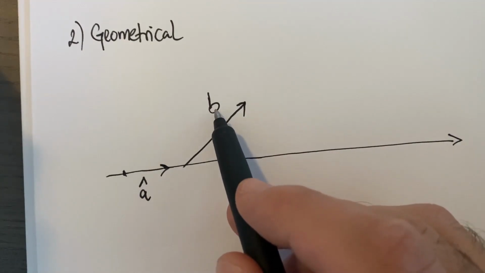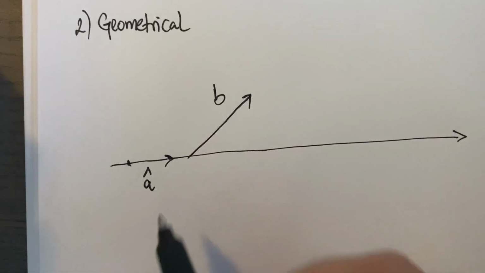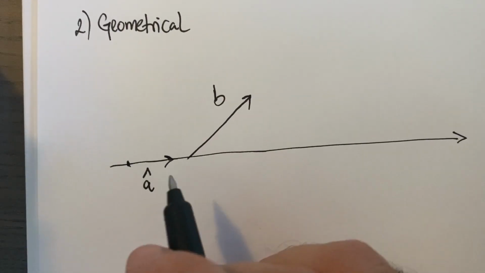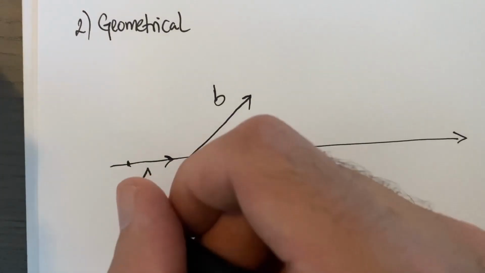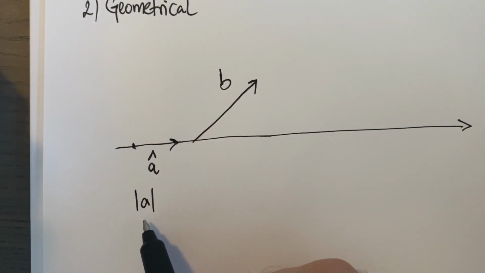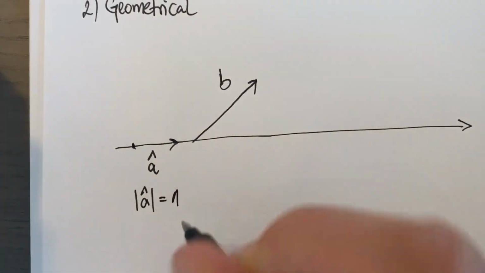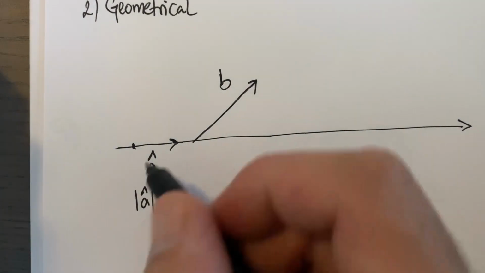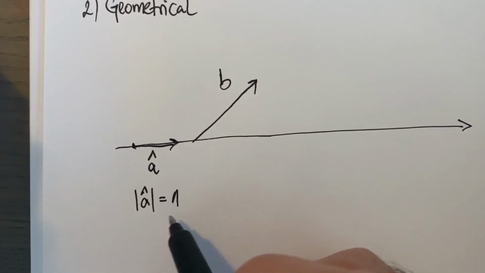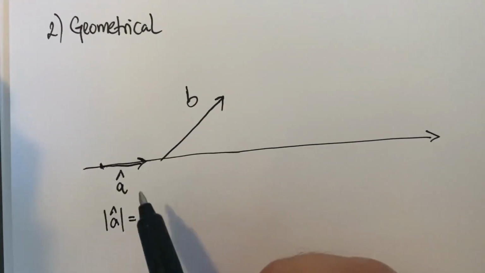Also, the third notation you got to remember: you have this vector, you have a unit vector, and you also have a magnitude or a length of a vector that you can indicate, and you indicate this with two lines like this around the symbol. In this case, the length of this unit vector is 1. So this is how we say, this is the magnitude, and this is the vector I'm indicating the magnitude of.